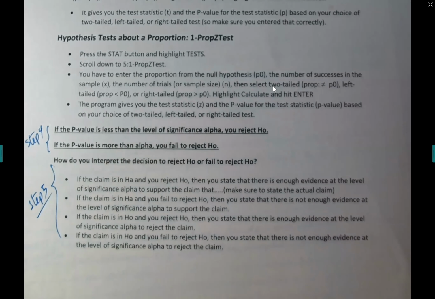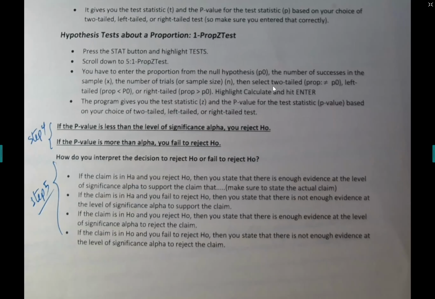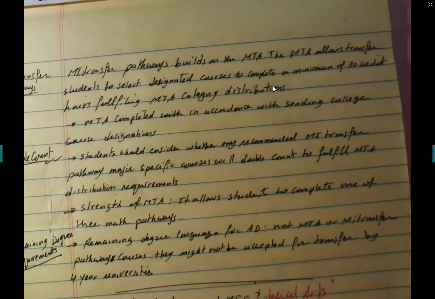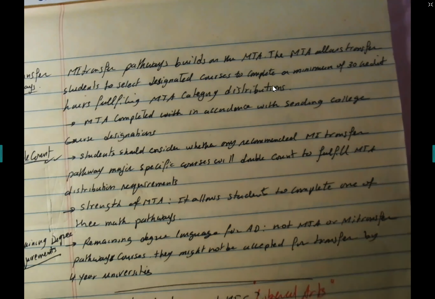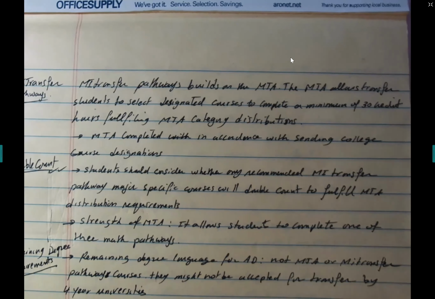Just read them carefully. This is what I've been using. What do you say if the claim is in H0 and you reject H0? What do you say if the claim is in H0, you fail to reject H0, etc.? These are the 4 statements that you have to use in every single problem. Okay, what I would like to do now, guys, just the last, so let me just stop this.